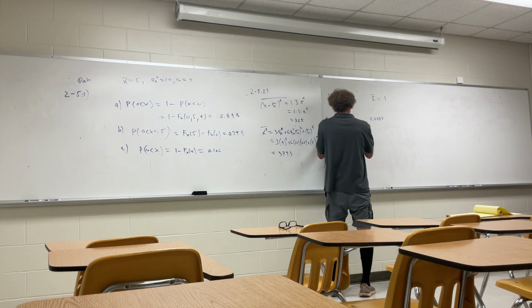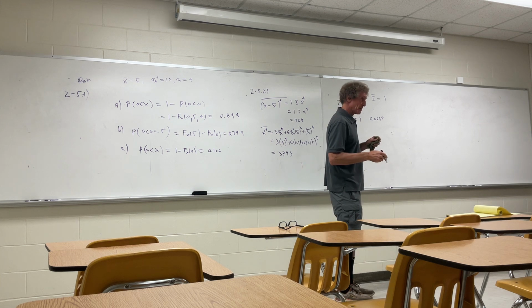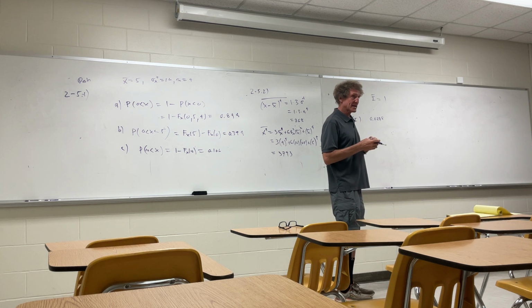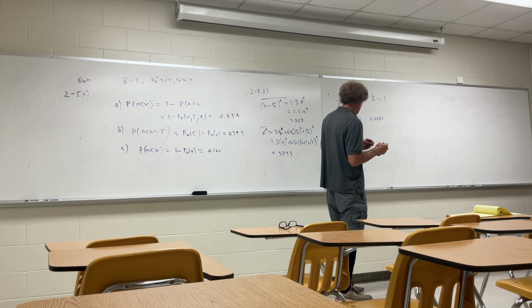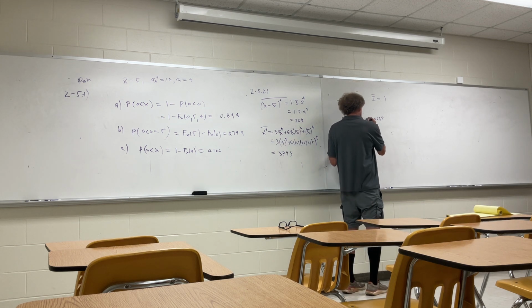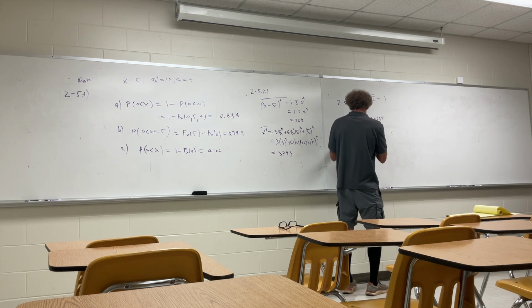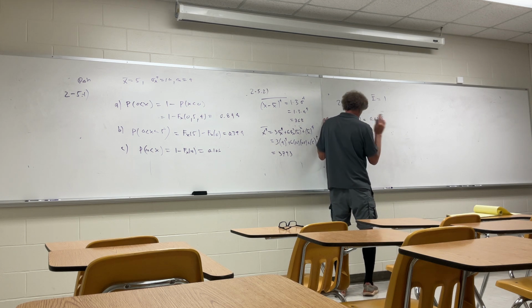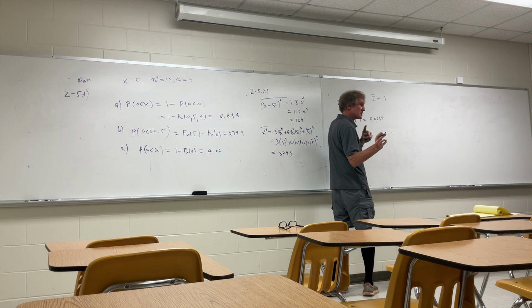All right, so this is probability of x greater than 5 is 0.0228, right? Now, what I did on mine was basically say, well, if this is 0.0228, then you can do it anyway.